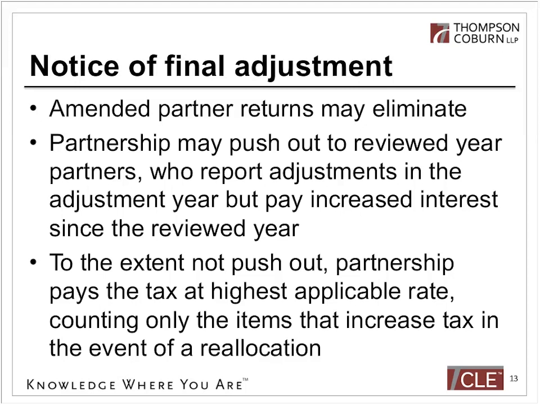You figure out what the additional tax is, and then those partners will pay tax plus interest back to when the 2018 tax was due. So they pay interest back to, for example, April 15, 2019, and they pay it at a higher rate too. So to the extent you don't push out, the partnership does pay the tax at the highest applicable rate, and they count only, again, items that increase tax.